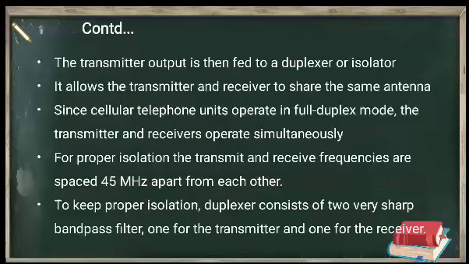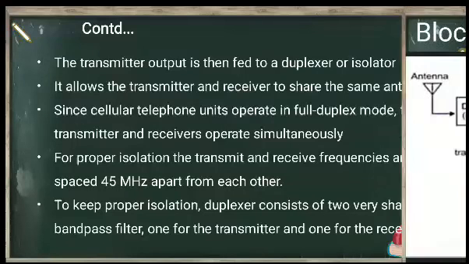For proper isolation, the transmitter and receiver frequencies are spaced 45 MHz apart from each other to avoid interference between the two signals. To keep proper isolation, the duplexer consists of 2 very sharp band pass filters, one for the transmitter and one for the receiver signals.